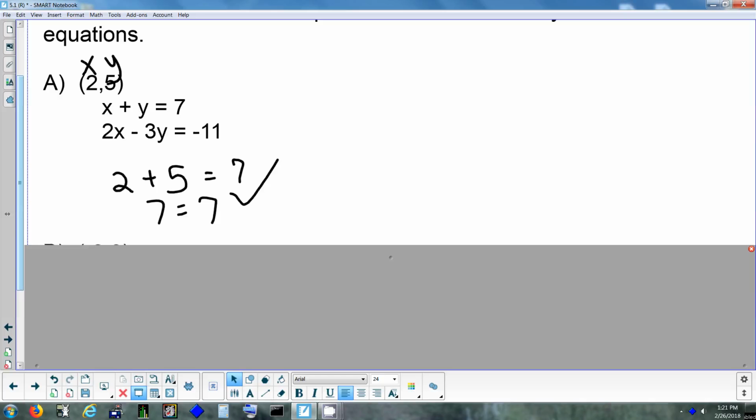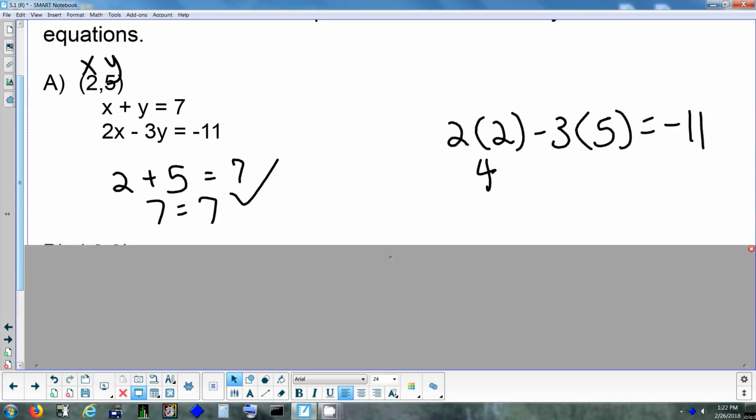All right, now for my second one. Madison, how am I going to set that up? You're going to write 2 in parentheses, minus 3 in parentheses 5, equals negative 11. All right. 2 times 2 is 4.